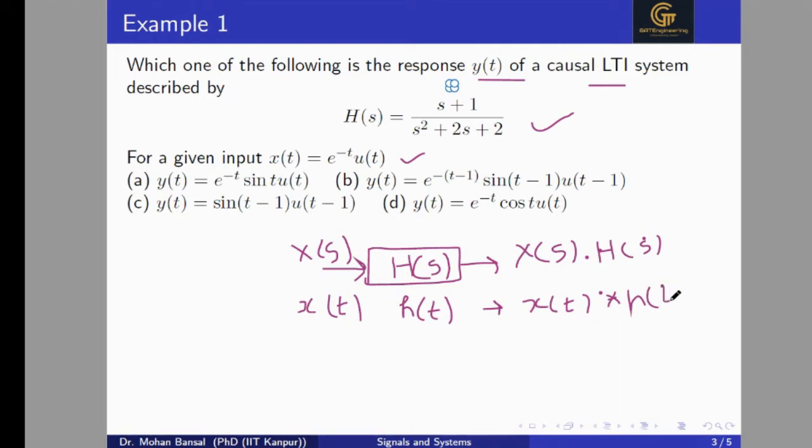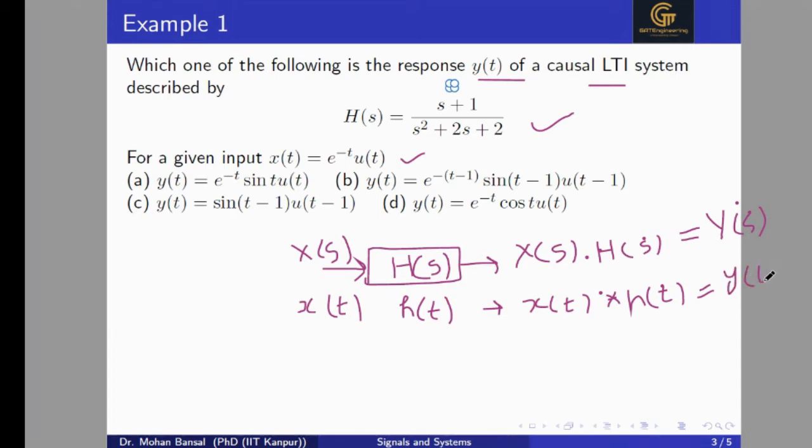Now we have to plan which approach is correct for this problem. We have two relations: one is the output Y(s) equal to X(s) H(s), and the second is y(t) equal to x(t) convolved with h(t). From the first expression we will get Y(s), and from the second we will get y(t).